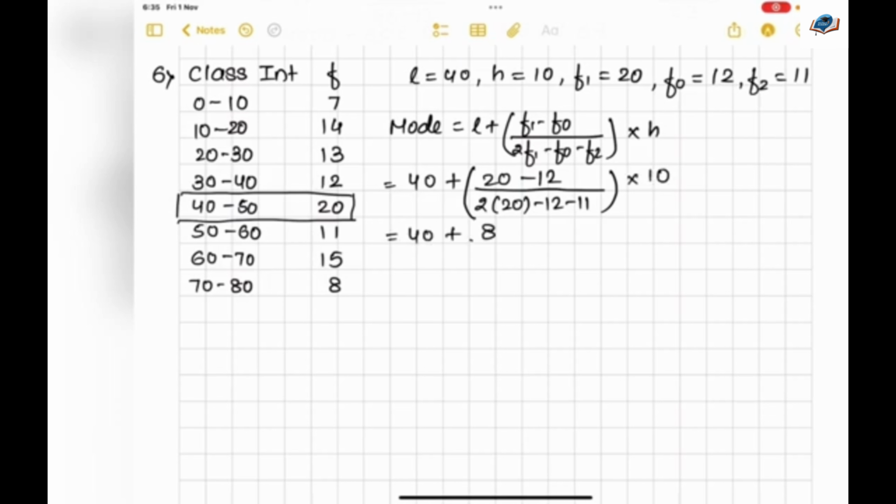So that is 40 plus 8 upon (40 minus 23) into 10. So that is 40 plus 80 upon 17. So that is 40 plus 4.7. So that is 44.7.